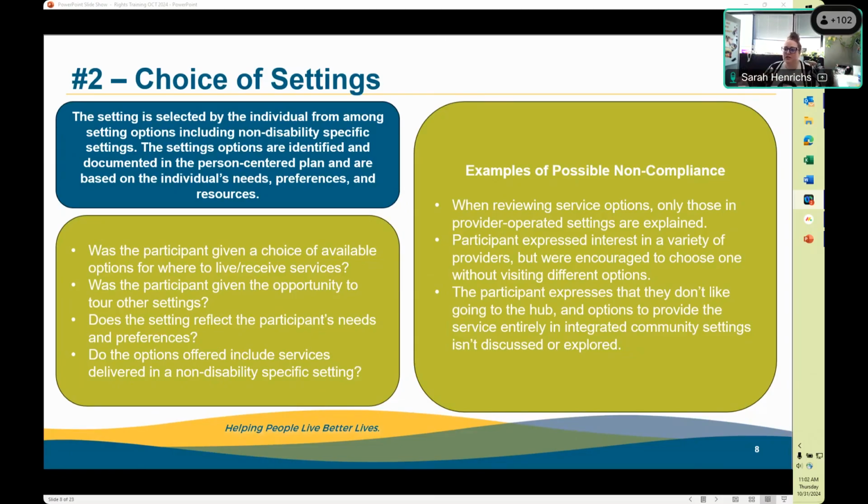It should be the beginning of a new conversation of, okay, there is a barrier to this. What can we do? Are there creative ways that we could work around this? Are there non-traditional ways that we could meet this need or provide this service that are still within all of the rules, but would better meet the needs and preferences of this person and their family?